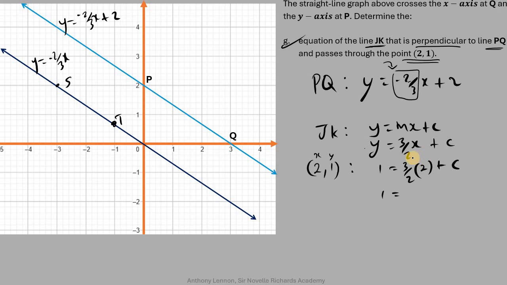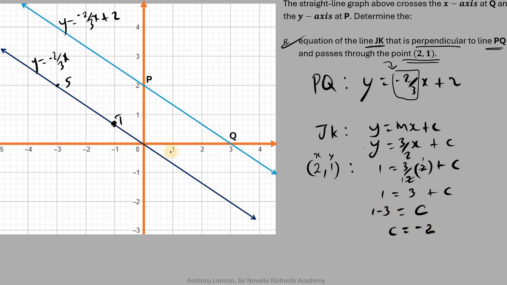Simplifying the right hand side, 2 into 2 goes once, and 2 into 2 goes once. So this can be 1 times 3, which is 3. Now we're going to subtract 3 from both sides. Subtracting 3 from this side will isolate the c, and we subtract 3 from the left hand side. And so we have c equals 1 minus 3, which would be negative 2.